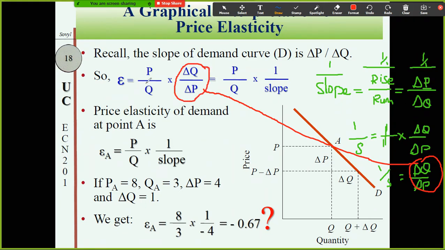Okay, that's why epsilon at point A equals PA divided by QA multiplied by 1 over the slope at point A. But for a straight line, the slope at any point is the same as the slope of the line.